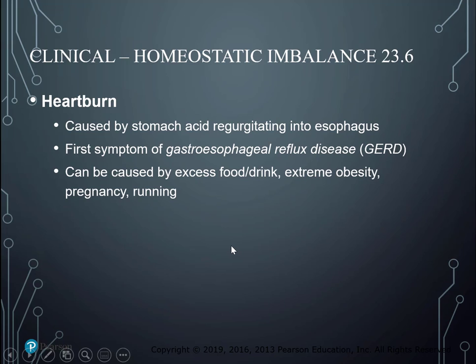I do have that because I have what you call hiatal hernia, which means the gastroesophageal sphincter of mine is not closing properly. And of course, when I eat a lot, if there's excessive food, and the type of food that I eat or drink, could also affect my heartburn.